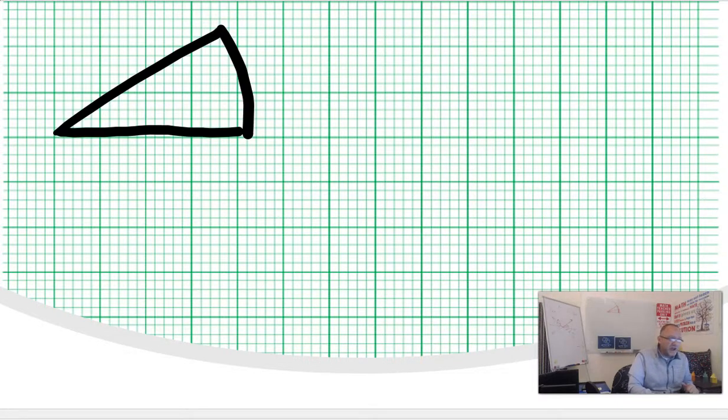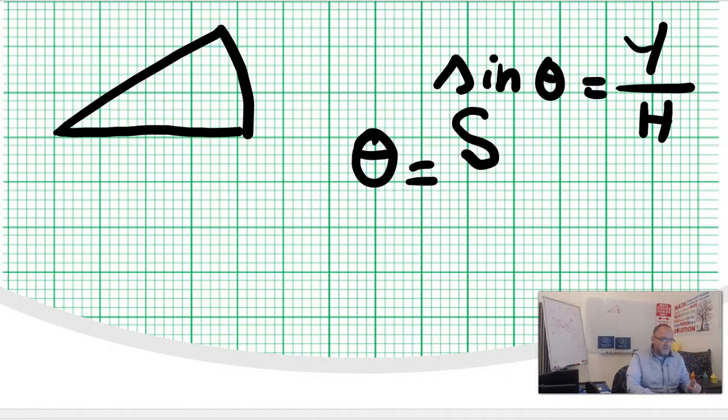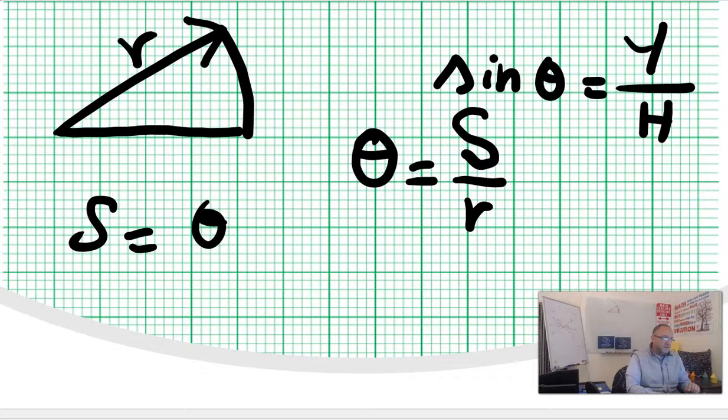The sine of an angle theta is the vertical breakup y divided by the total vector, the terminal side or your total force, which in this case is the hypotenuse. When you have a sector, whether it's a tiny sector or a larger sector, theta in radians equals what? What's in front of it on the opposite side? S divided by R. So if you want to find S, S equals theta times R.